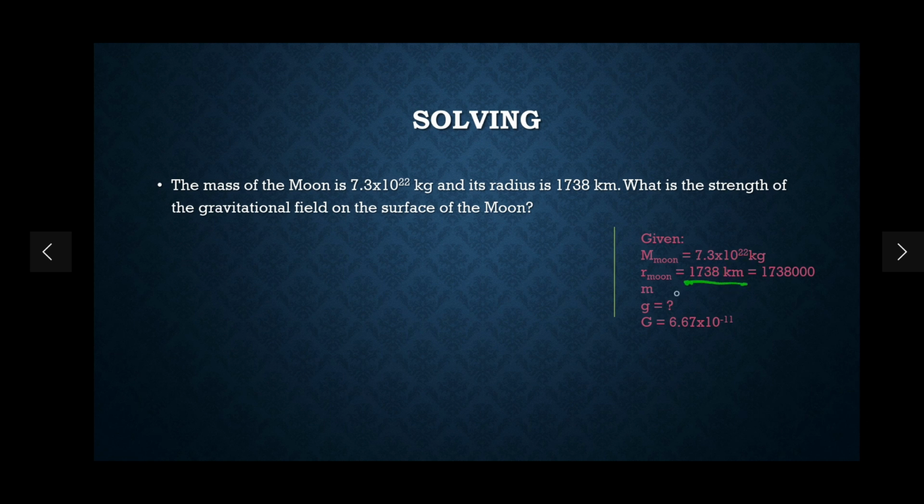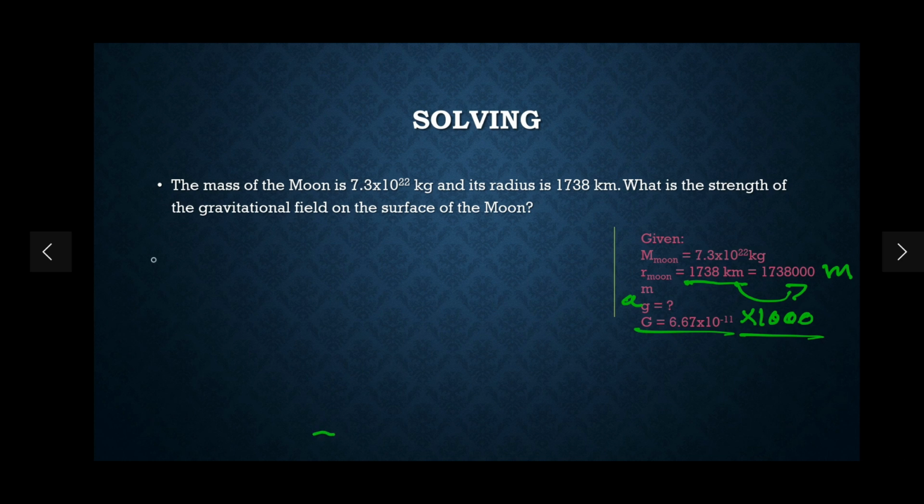The radius is given in kilometers, so we have to convert it to meters. How do we convert kilometers to meters? We multiply by 1,000. We need to find g, the acceleration due to gravity, and G is 6.67 times 10 to the power of -11.